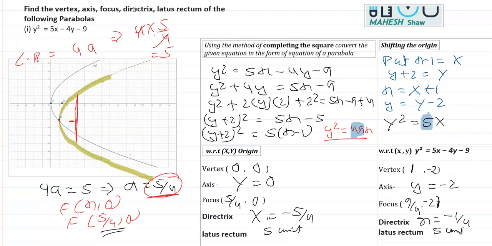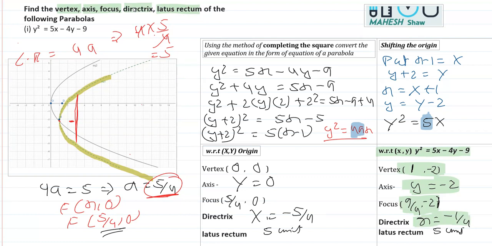So finally, we had to calculate the vertex, axis, focus, directrix, and latus rectum of this parabola, and we got it. Vertex being this, axis as y is equal to -2, focus as 9 by 4, comma -2, and the equation of directrix as follows.